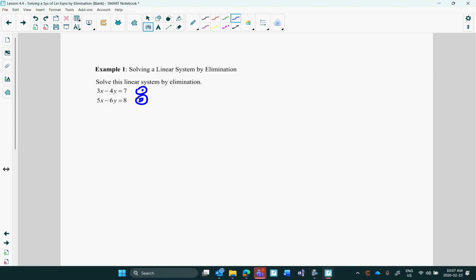And then I can subtract and get rid of the 15s, or the x's. So I could do 5 times equation 1 minus 3 times equation 2. What does equation 1 look like when you multiply everything by 5? And what does equation 2 look like when you multiply everything by 3?